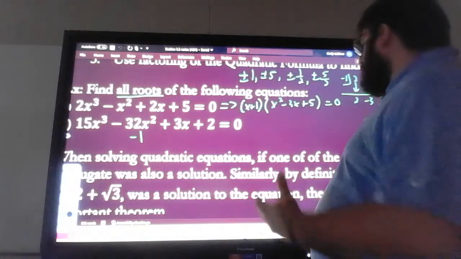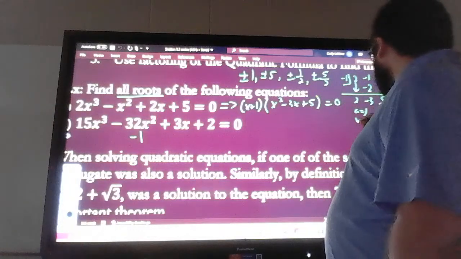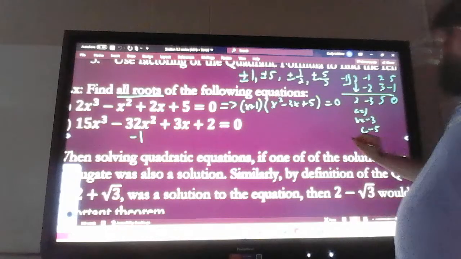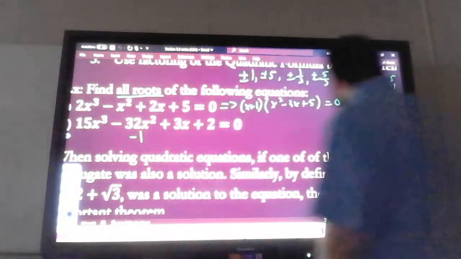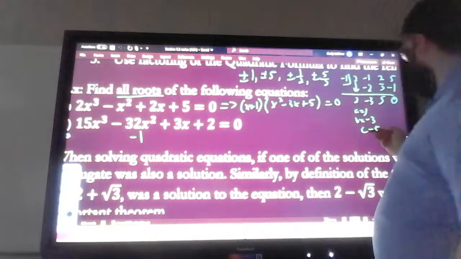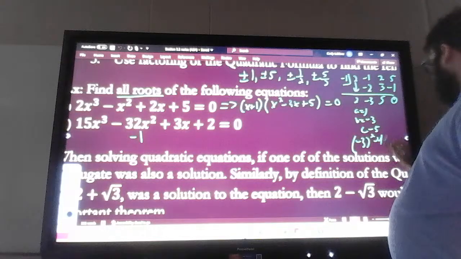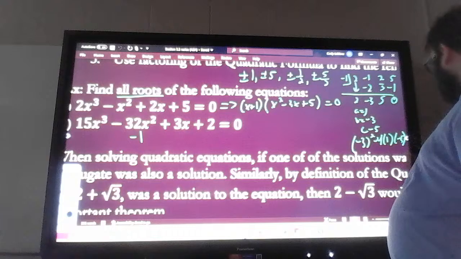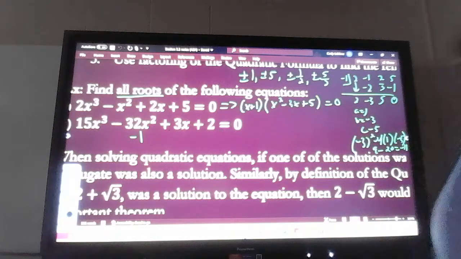So let's figure out what the discriminant's going to be first. My A is 1, B is -3, C is 5. Let's see, let me change that real quick. -3 squared minus 4 times A times C. That's 9 minus 20, which is -11.